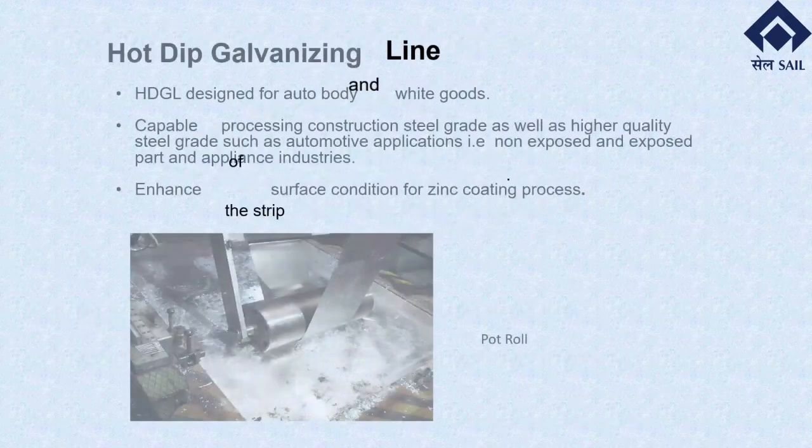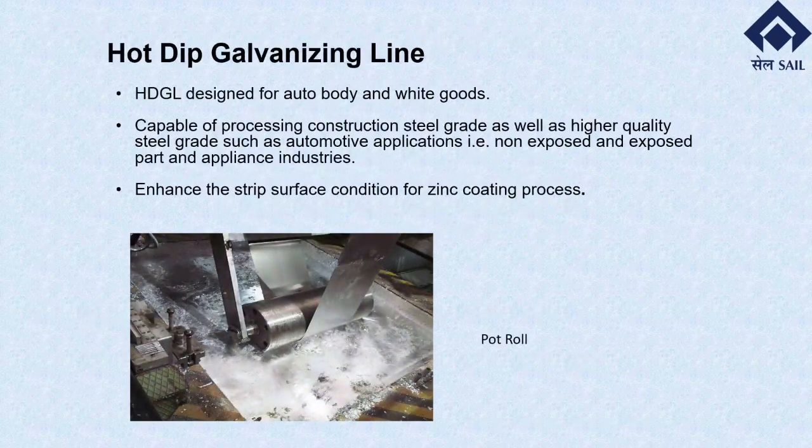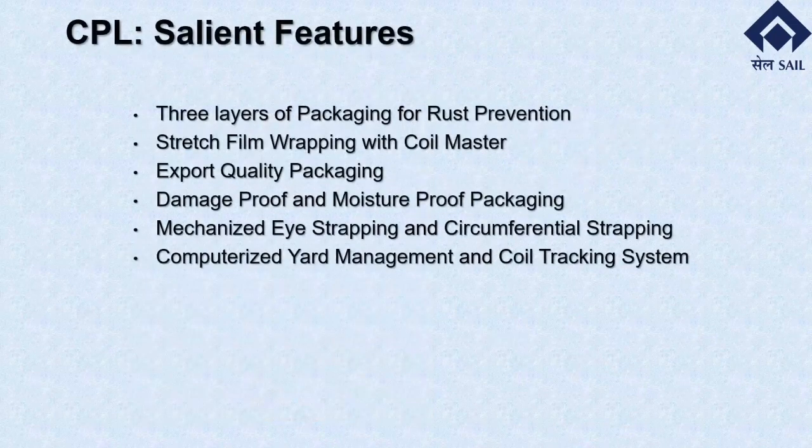Then we have this hot dip galvanizing line, where we give zinc coating. Parichai will give an elaborate description about this line. Then we have the coil packaging line, CPL, where we give 3-layered packaging.